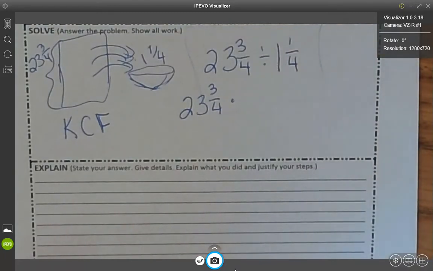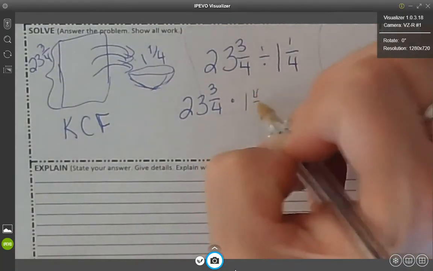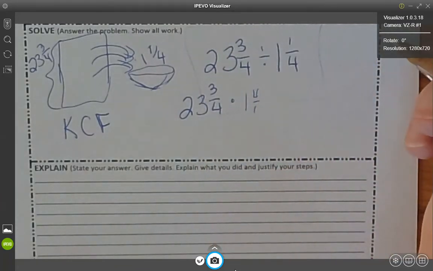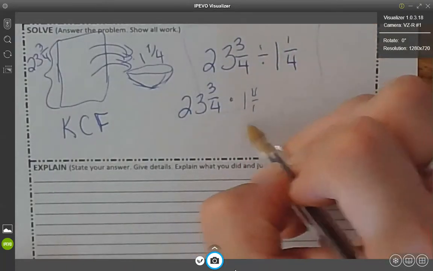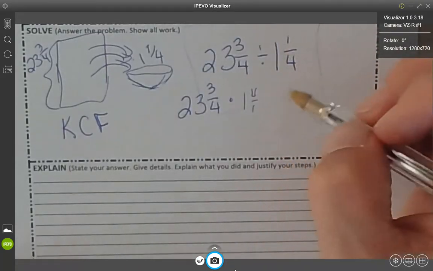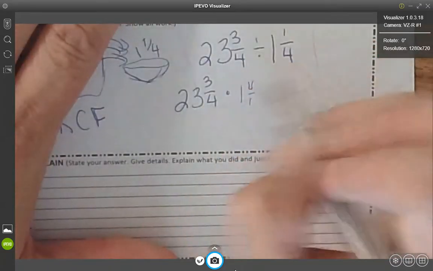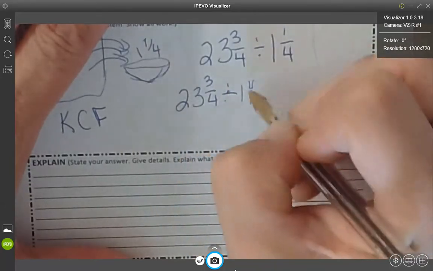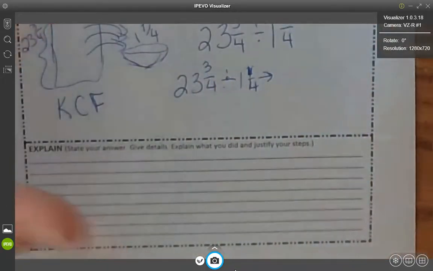Change. And this will be 1 4/1. Same thing. Okay, let's go ahead and flip it. Not flip it, but change it into improper. I'm sorry, I did this wrong. Let's change it into improper first. So 23 and 3/4.